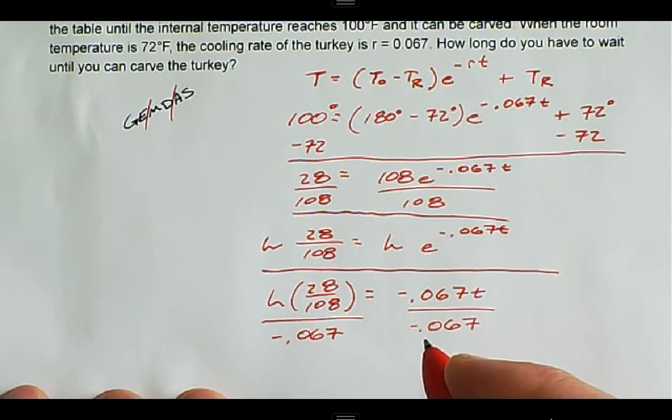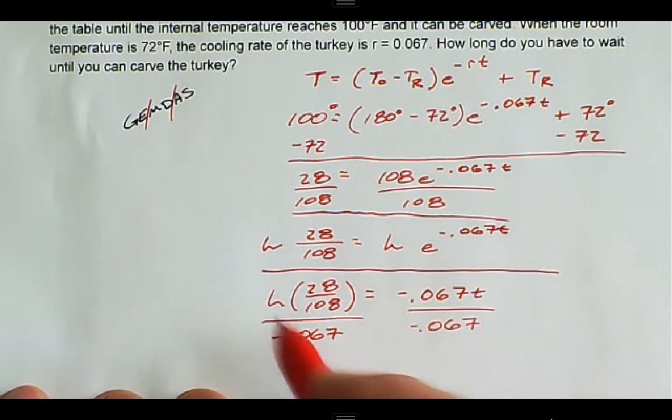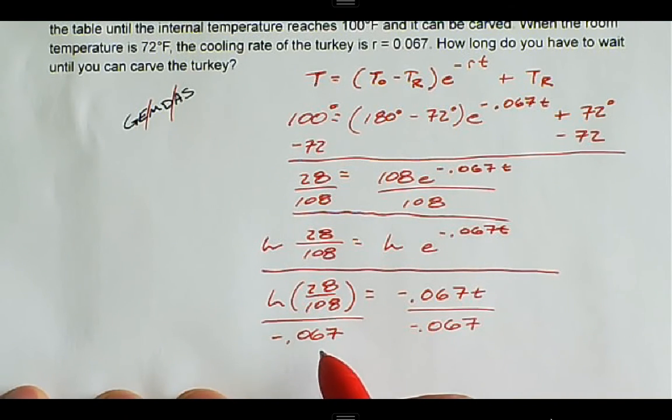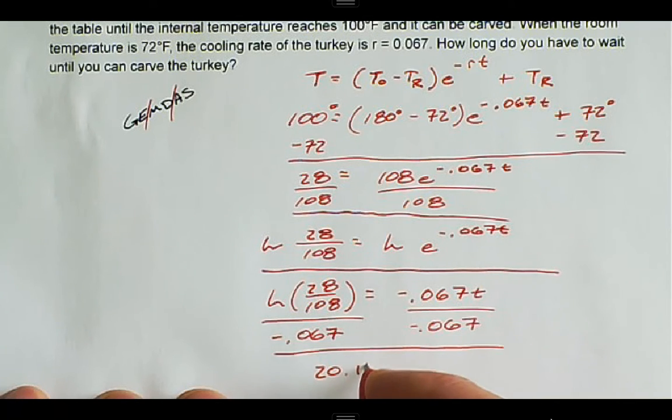And then we can plug all this into our calculator, natural log of 28 divided by 108, and then divided by negative 0.067, and then we get 20.148 is approximately equal to t.